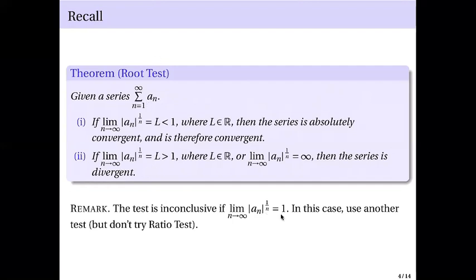If it is equal to 1, then this root test also fails, meaning the test is inconclusive, just like the ratio test. So, in order to determine whether this series is convergent or divergent, you have to use another test. Okay? But do not try the ratio test, because if you try the ratio test, you will also get a limit equal to 1. So don't try the ratio test.